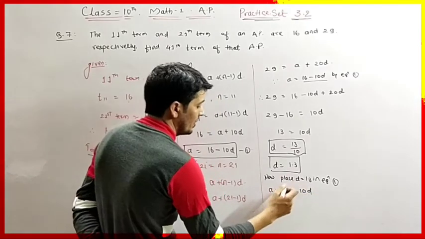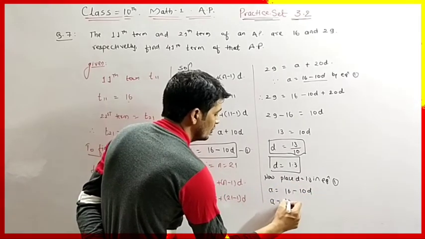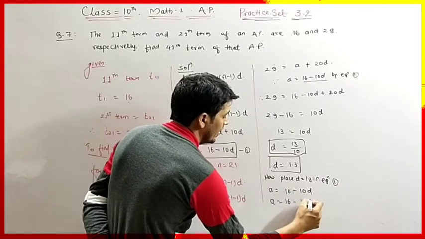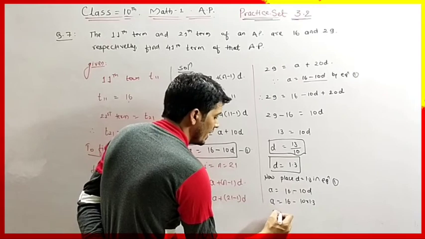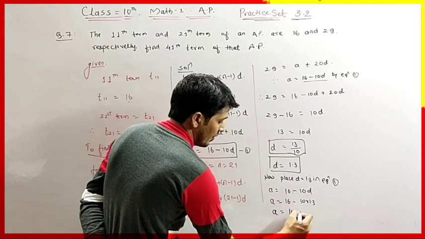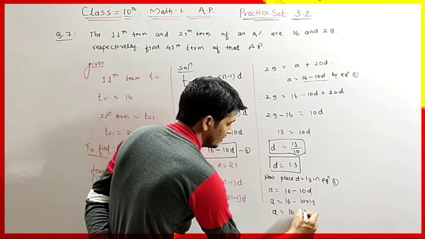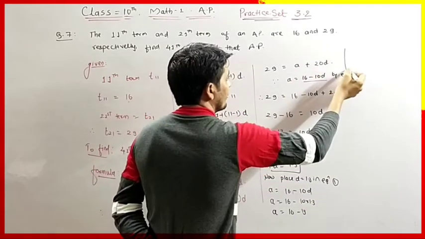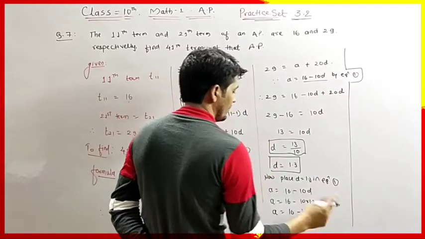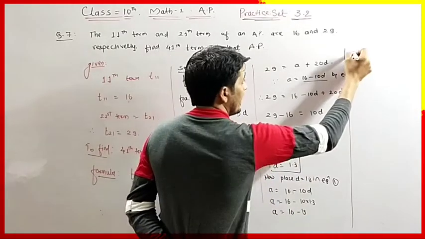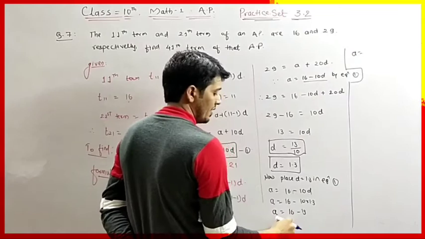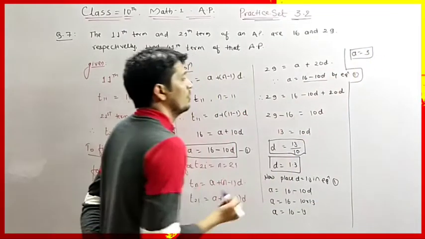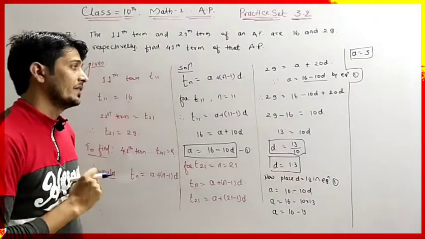So d is 1.3, so a equals 16 minus 10 into 1.3. 10 into 1.3 is 13. So a equals 16 minus 13, which is 3. So this is our first term, a equals 3.